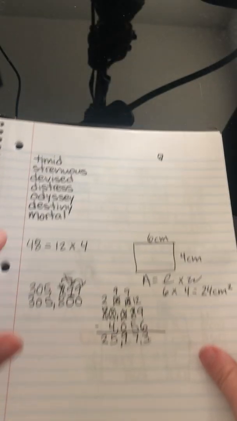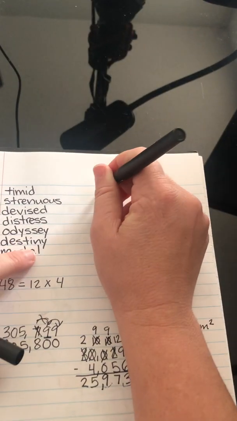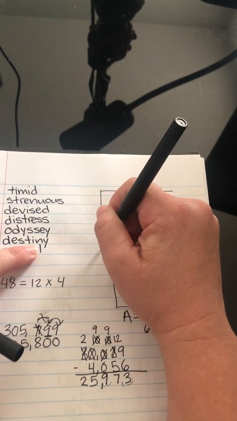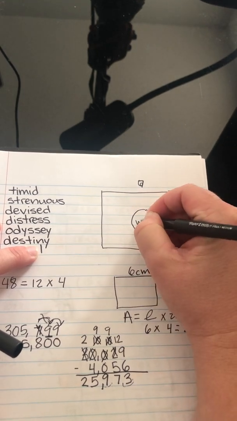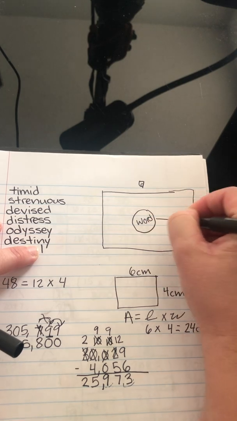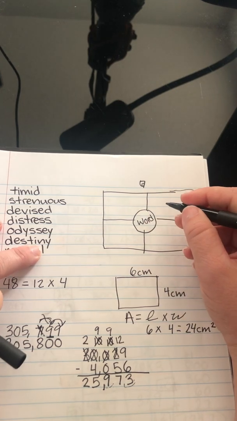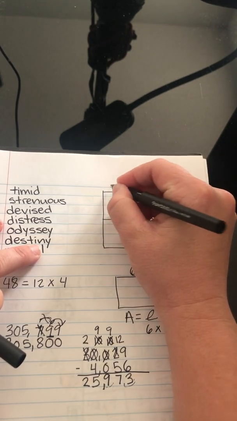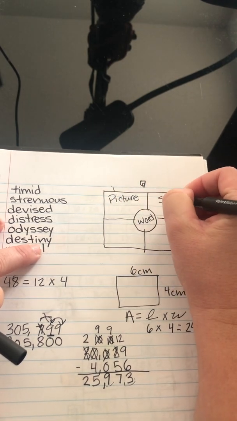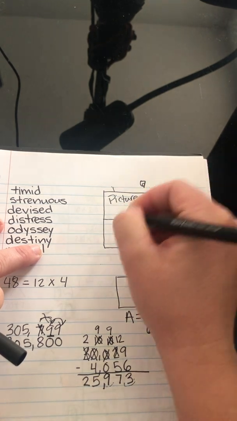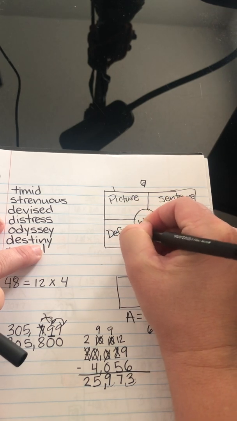All right. So, remember our box method? Put the word in the middle. And you put picture, sentence, definition, and part of speech.